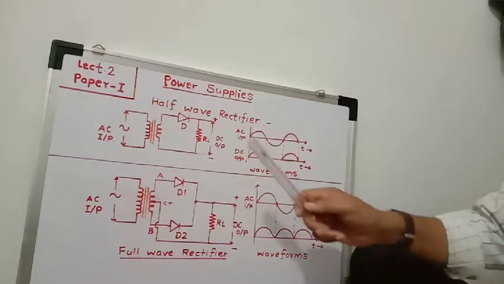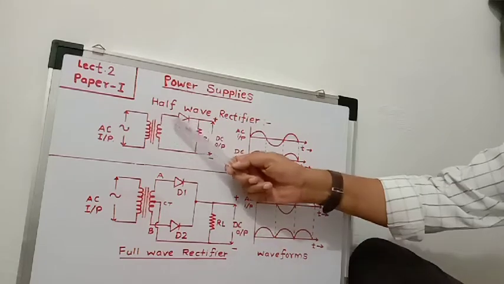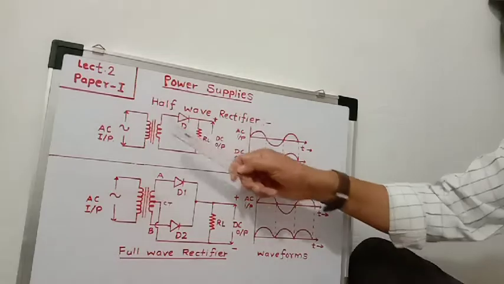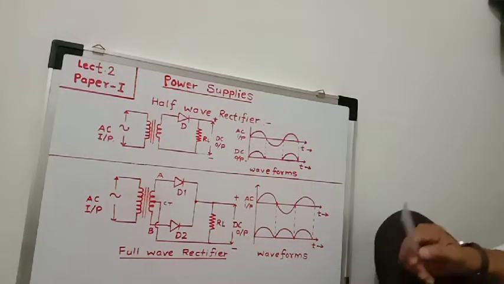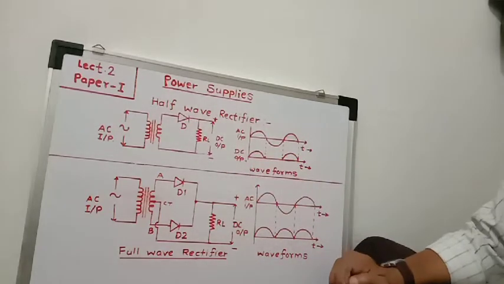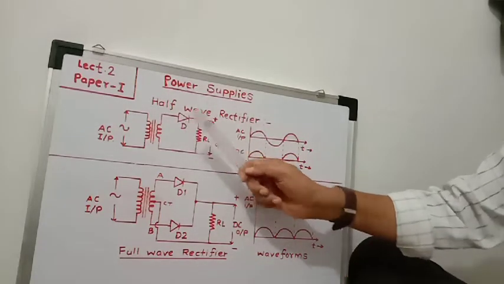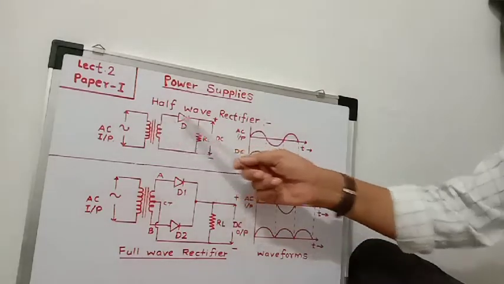Since positive is applied to the anode of this diode, the diode gets forward biased. When the diode is forward biased, it offers very low resistance, or it just acts as a closed switch. Therefore, current flows through the diode.